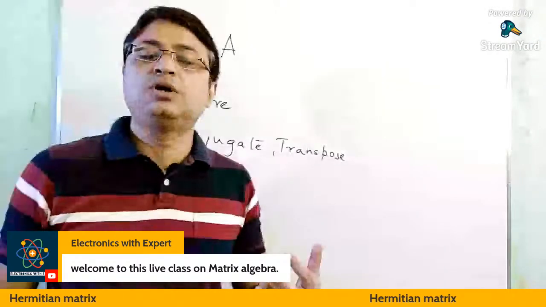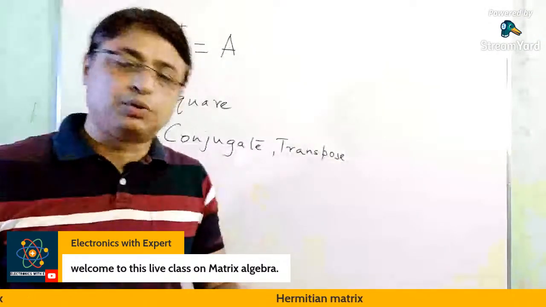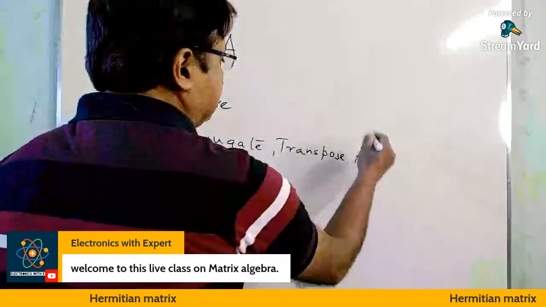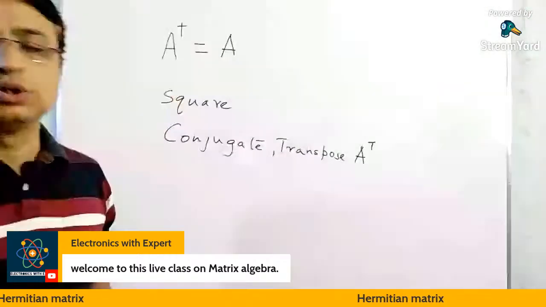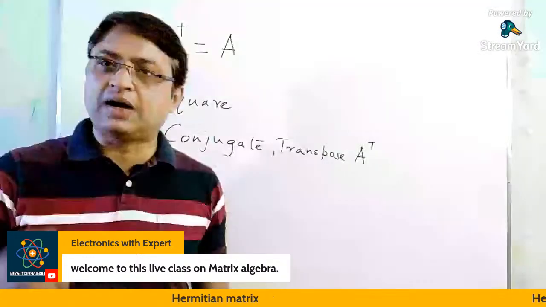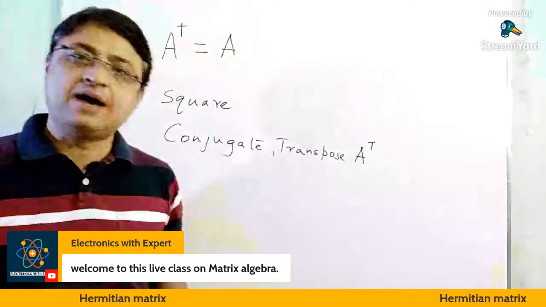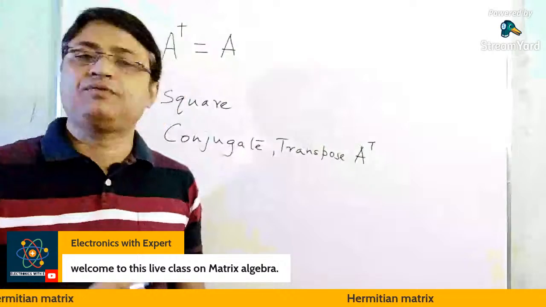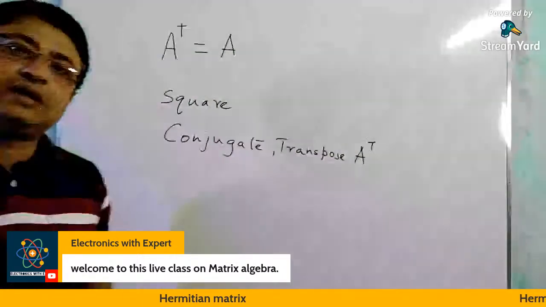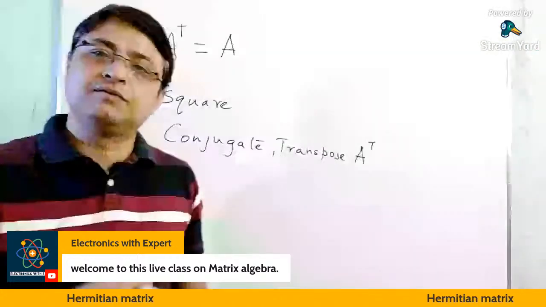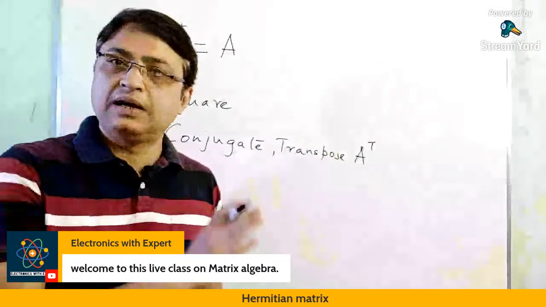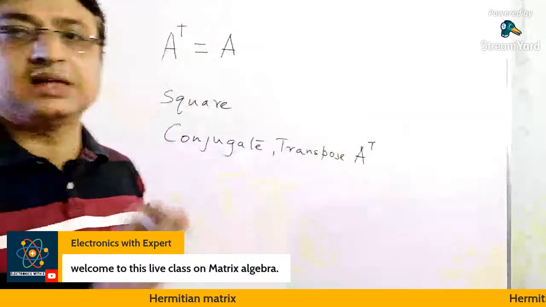To find the transpose of a matrix, we write it as A T. To get the transpose of a matrix, we have to interchange rows into columns. Whenever rows of a matrix are converted into its columns, then that matrix is known as the transpose of the main matrix A.